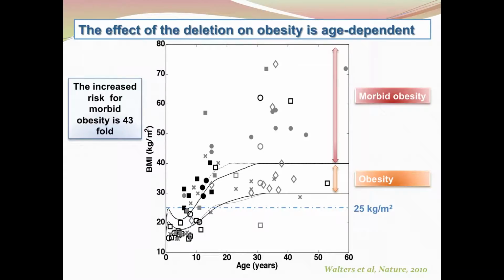We found that children with this deletion on chromosome 16, half of them are obese, half of them are normal weight. But after the age of 20, nearly everyone is obese and extremely obese. So there is an enormous risk to develop morbid obesity in adulthood when you have this deletion.